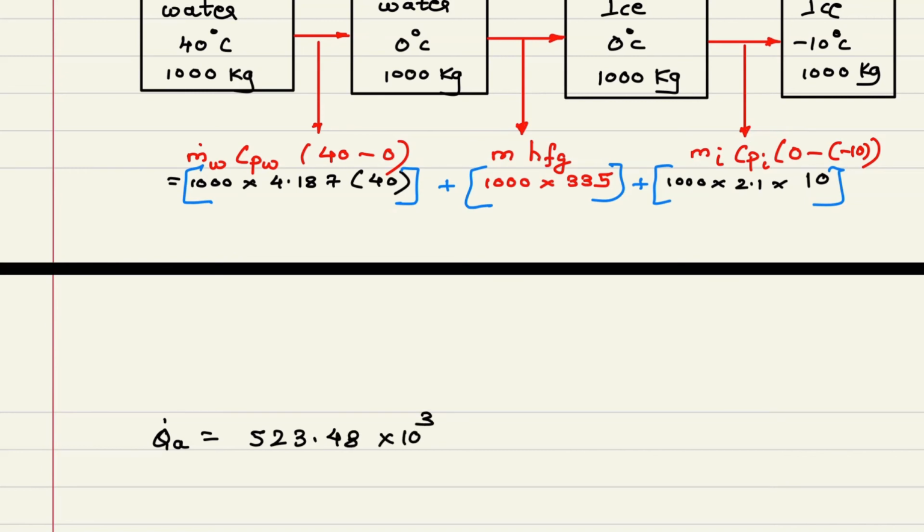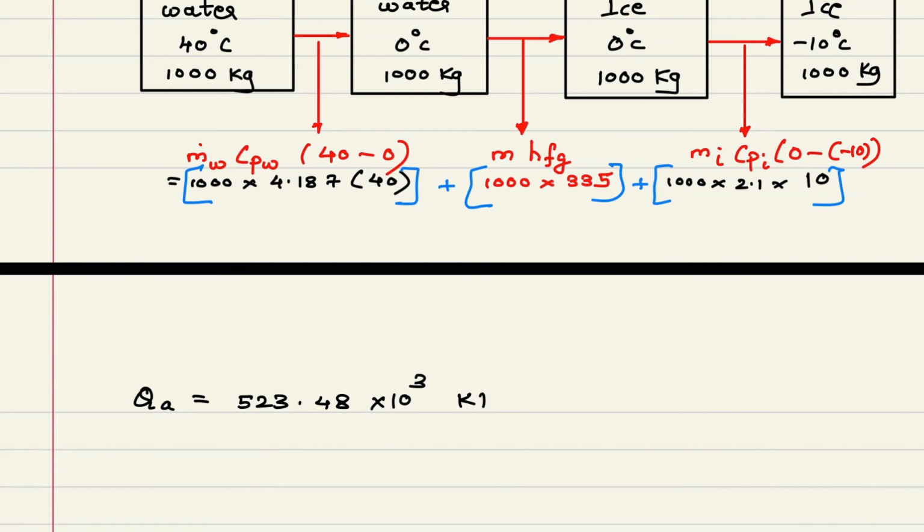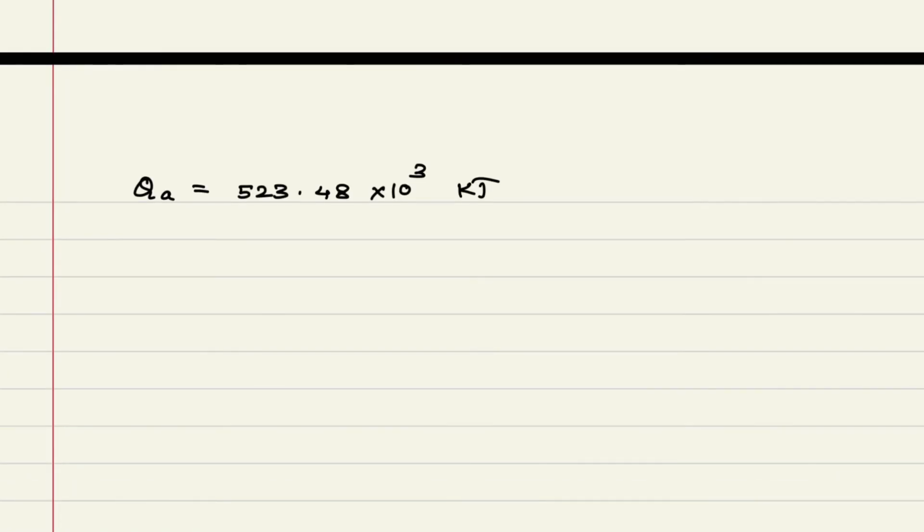So here we are calculating this value, not Q dot A, this is QA, because this value will be in kilojoule. Then we have to consider time. So QA unit will be kilojoule. Okay, now what will be the rate? This is asked in the question, rate at which heat needs to be removed.